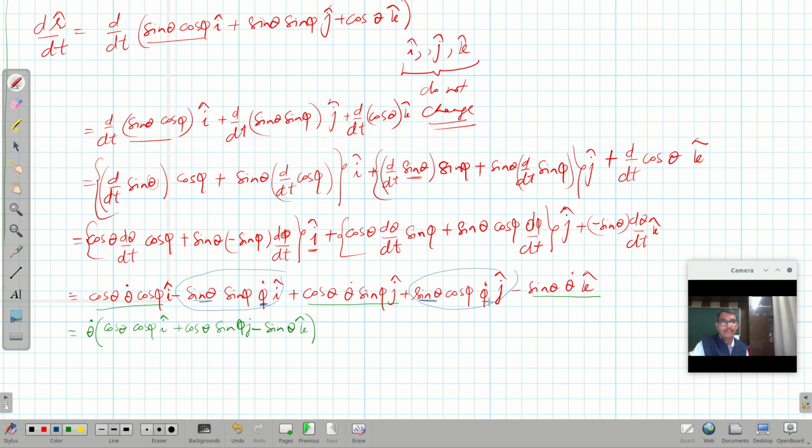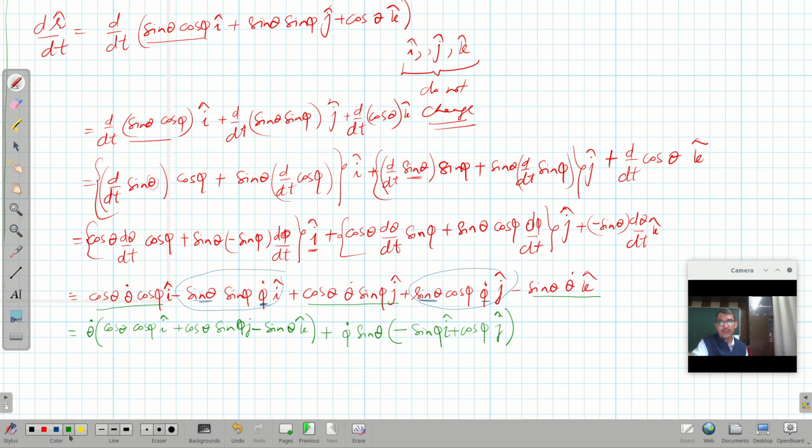So if I write down, it is phi dot sine of theta, inside it will be minus sine phi, and here it is plus cos phi is sitting with it, and i cap is sitting with it, and j cap is sitting with it, right?